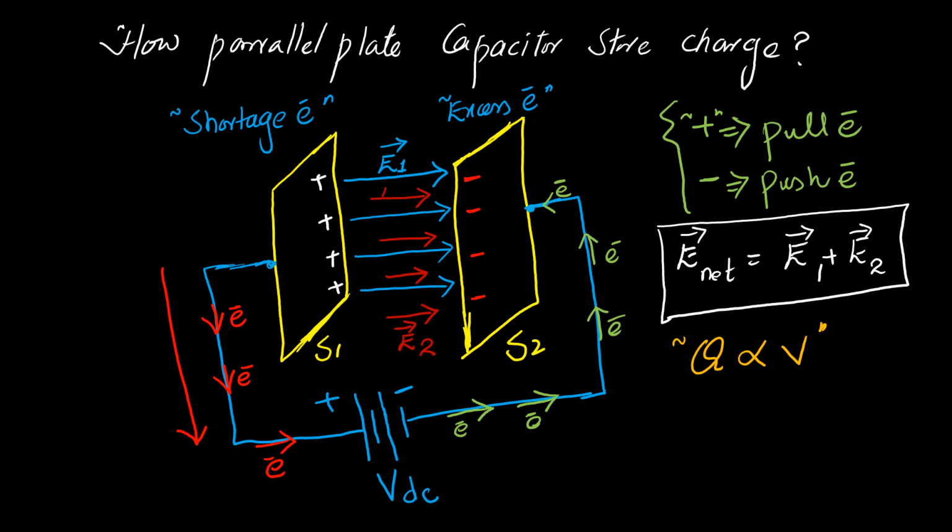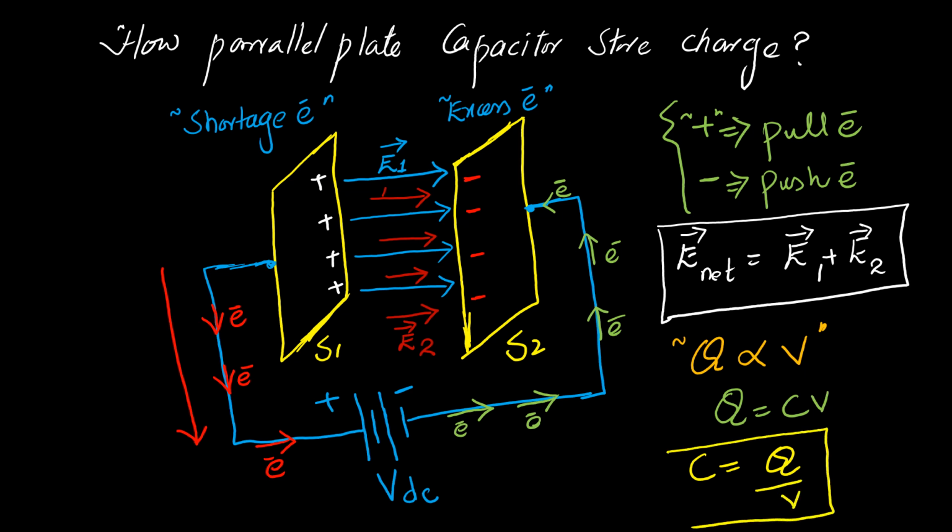We can write this as Q is equal to C into V, where C is the constant of proportionality, which is the capacitance. The capacitance becomes C is equal to Q divided by V, the ratio of charge stored to potential difference. Let's call it equation number 1.